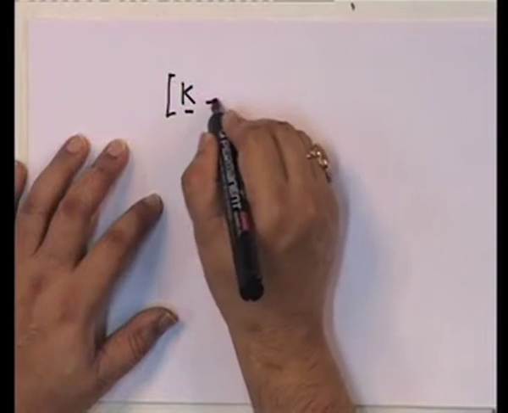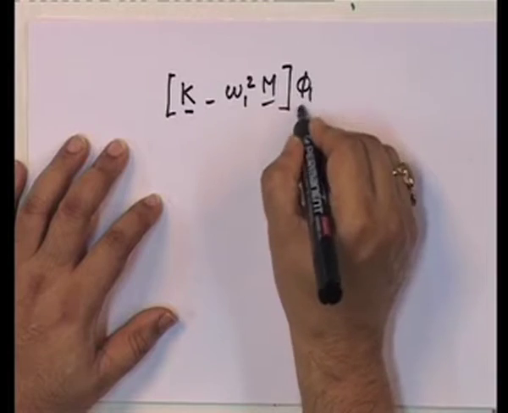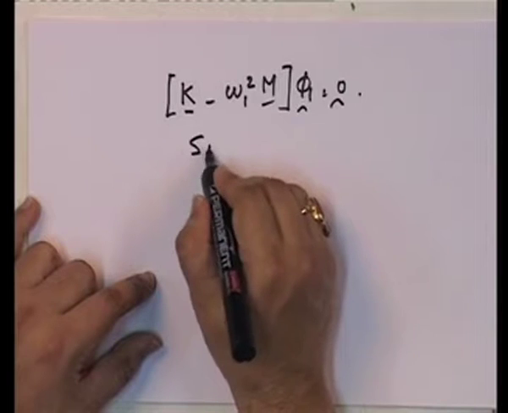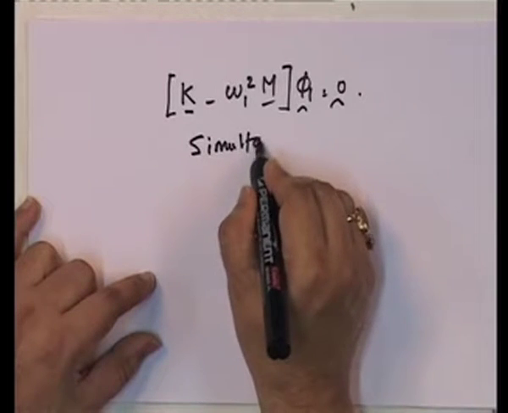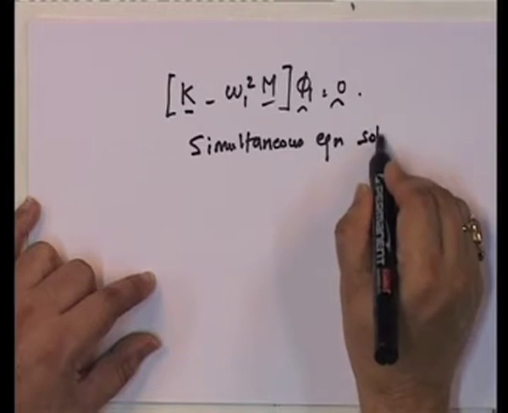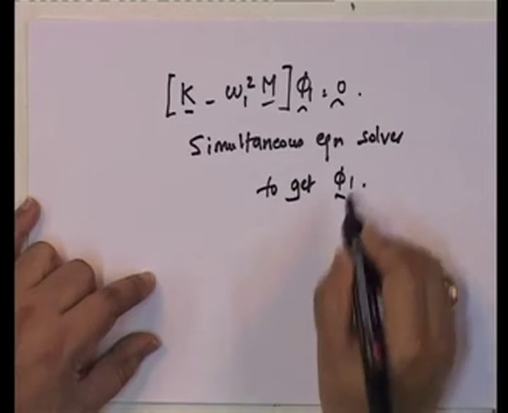So, now we can find out the first frequency. Once we find out the first frequency, please note that to get the first mode shape, you still go back. There is no other procedure than a simultaneous equation solver to get phi 1.